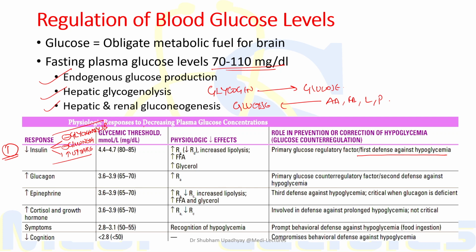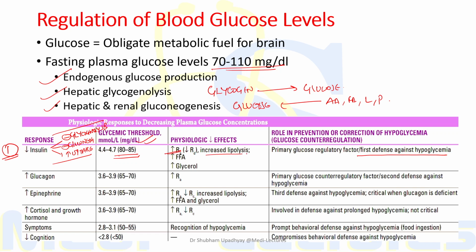Now, the insulin levels start falling when the blood glucose levels reach 80 to 85 milligrams per deciliter. Hypoglycemia has not developed yet, but the first mechanism by which the body starts tackling it is decreased insulin secretion from the pancreas. If the secretion is decreased, what will be the effects? There will be increased appearance of glucose in blood.